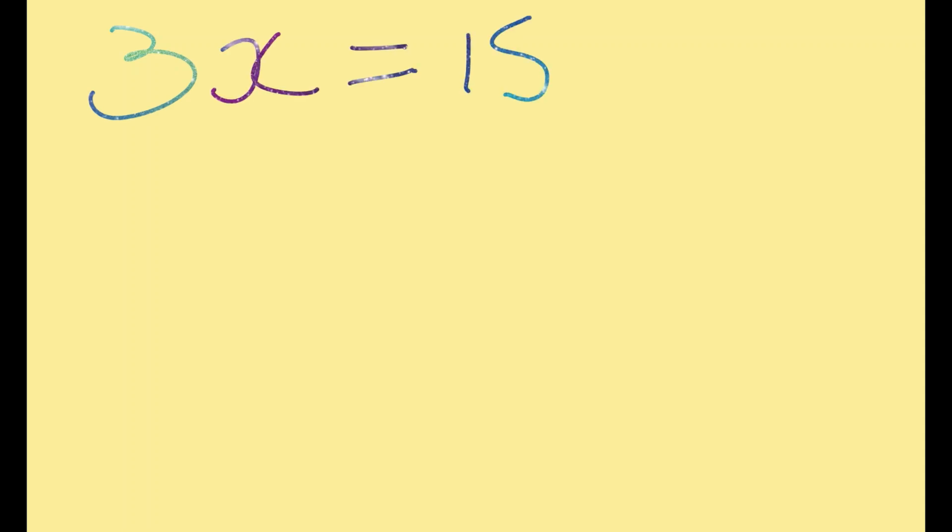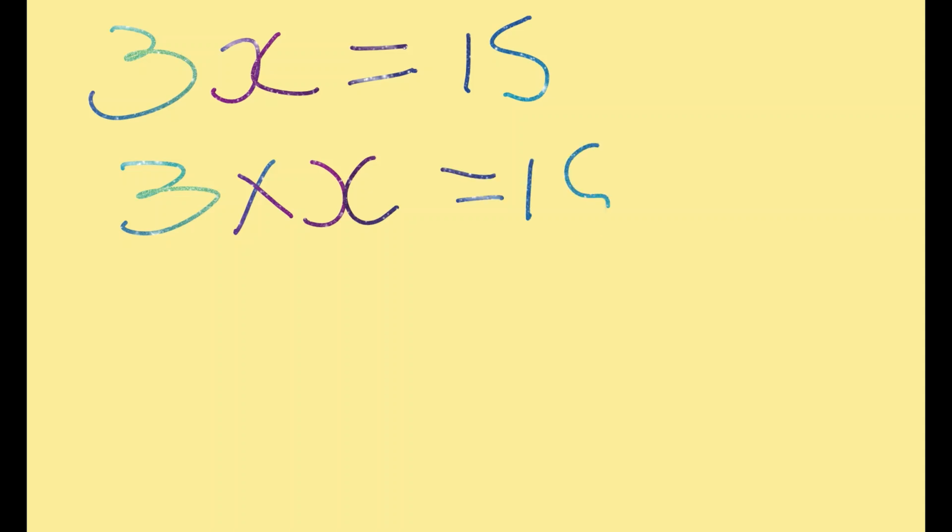Now let's see how to solve a linear equation. For example, 3x is equal to 15. Here 3x is nothing but 3 into x. Always remember that if there is no symbol between a number and a variable, like 3x or 5x or 5y, it means multiplication. So 3 into x is equal to 15.